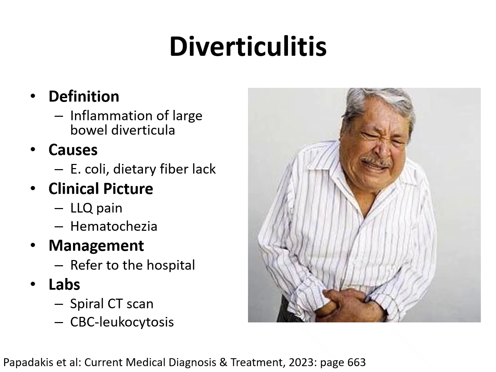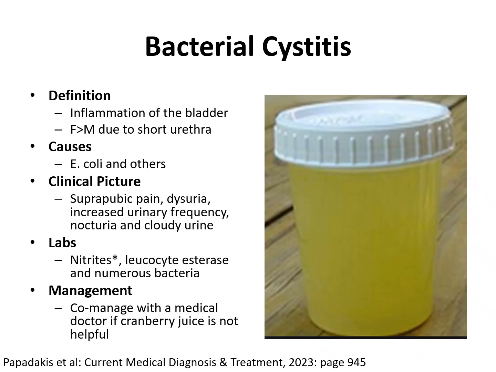Refer the patient to the hospital. In the hospital, the doctors are going to, one, confirm the presence of the diverticula by doing a spiral CT scan and evidence of the itis, the inflammation, by ordering a complete blood count and noticing a raise in the white blood cell count.